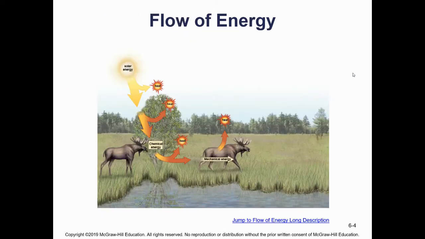When we look at the flow of energy, energy flows through systems. So we talked about energy flowing through systems versus matter recycling in systems. We looked at that a little bit in our first unit covering ecology, about how matter, carbon, is captured by plants as carbon dioxide.